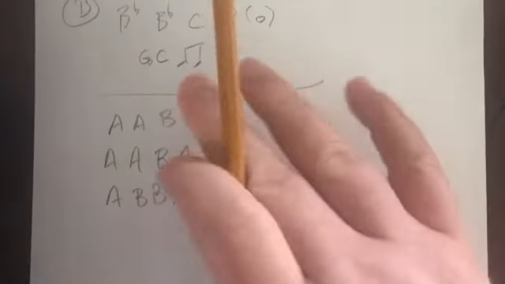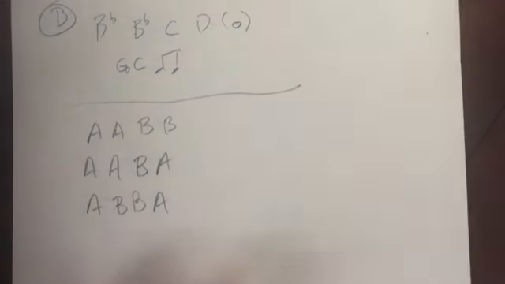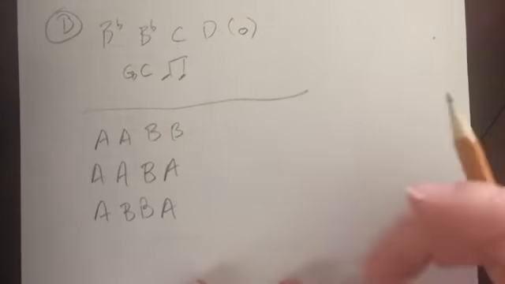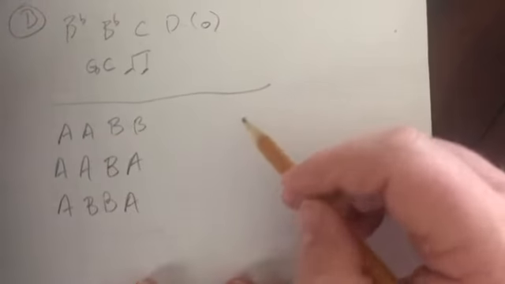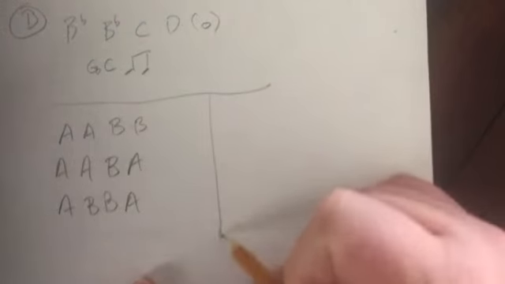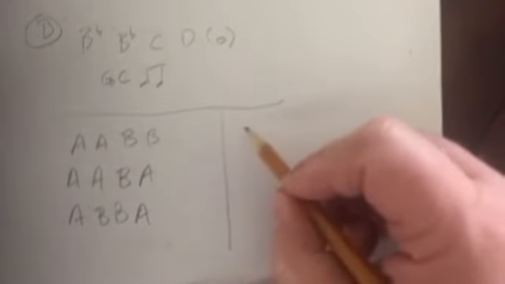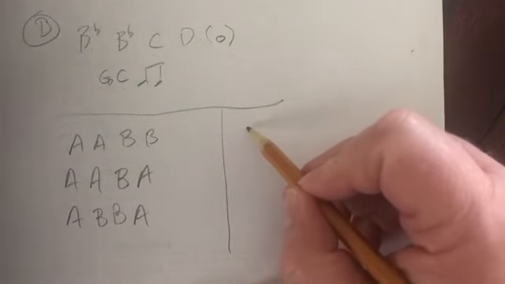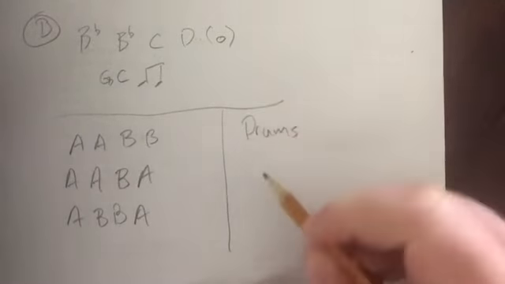Okay, so this is the first step for your project. This is step 1. You need to come up with these two sections. So later on, once you've done that and you've made your arrangement, then we're going to talk about adding drums.